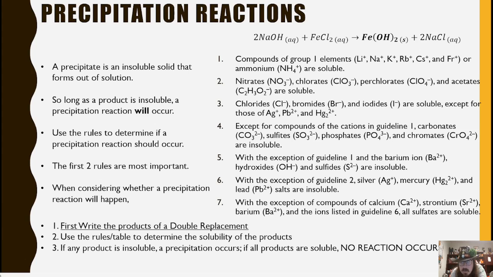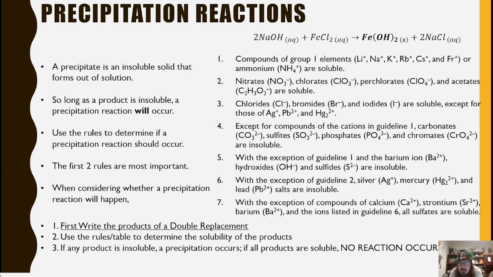So keep in mind, with the exception of group 1 and barium, hydroxides and sulfides are insoluble. The reason hydroxides and sulfides aren't mixed in with the previous rule is because they have another exception of barium. Still group 1 metals, but also now barium hydroxide is soluble. Means it dissolves. Barium sulfide is soluble.